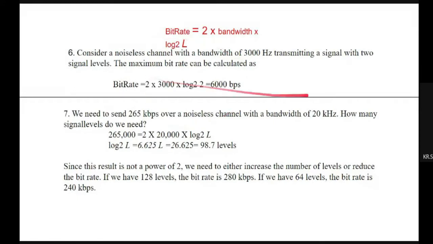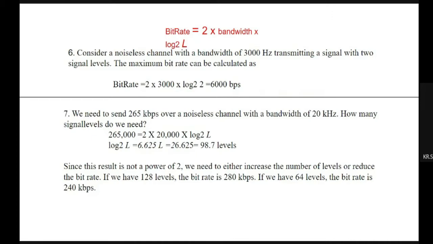Okay. Next question. Here they consider a noiseless channel with a bandwidth of 3000 Hz transmitting a signal with two signal levels. The maximum bit rate can be calculated.